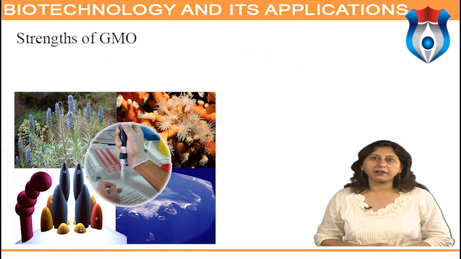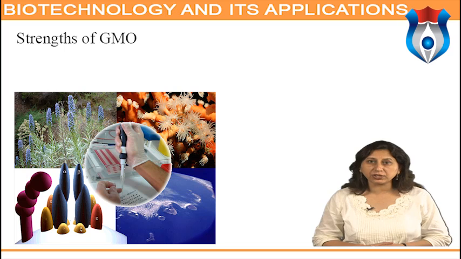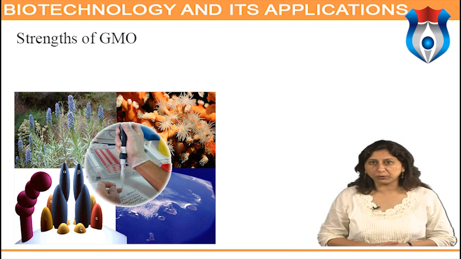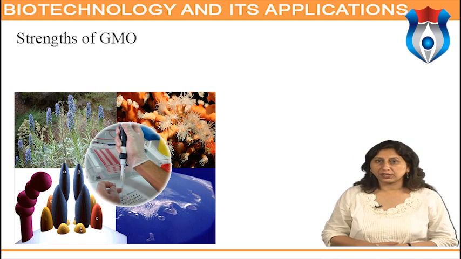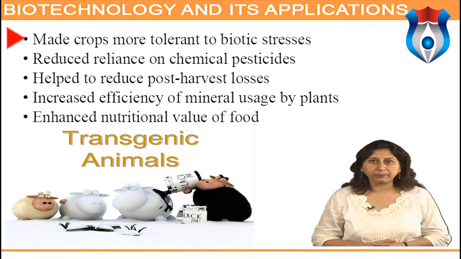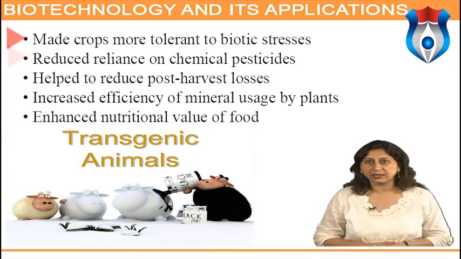Plants, bacteria, fungi and animals whose genes have been altered by manipulation are called genetically modified organisms, GMO. GM plants have been useful in many ways. Genetic modification has made crops more tolerant to abiotic stresses: cold, drought, salt, heat.